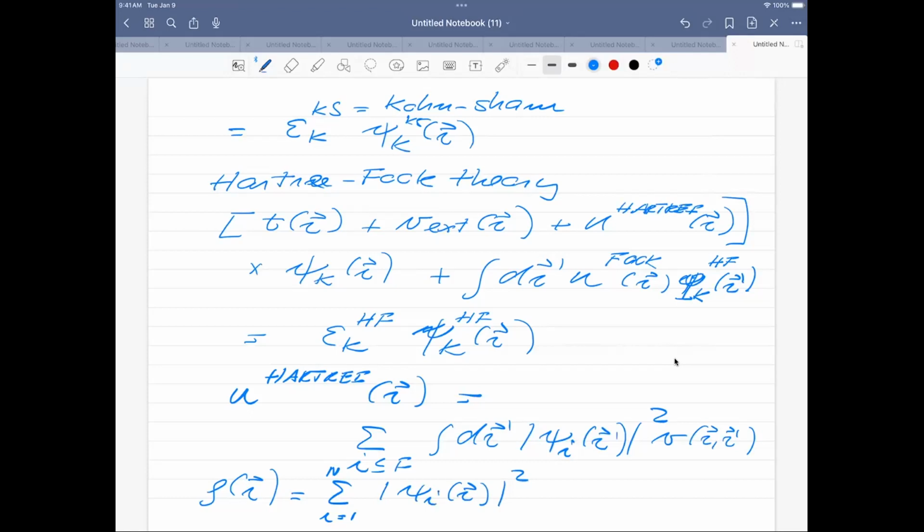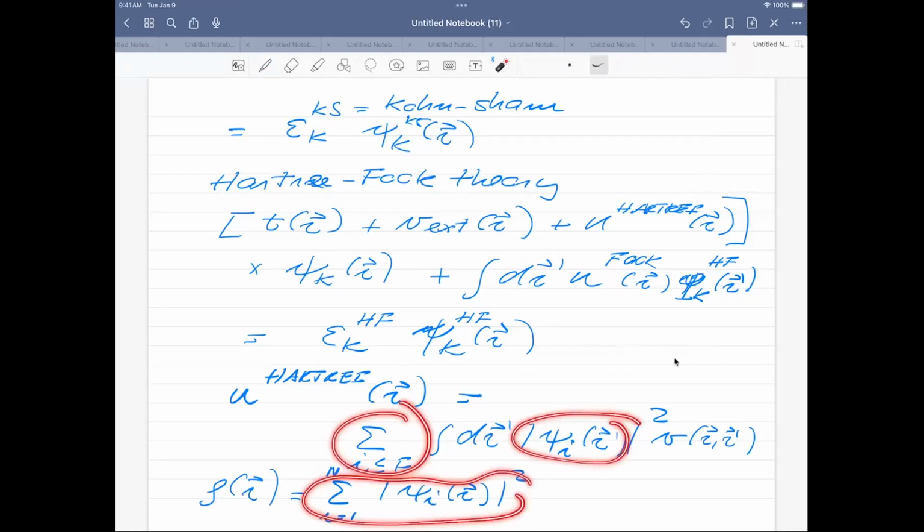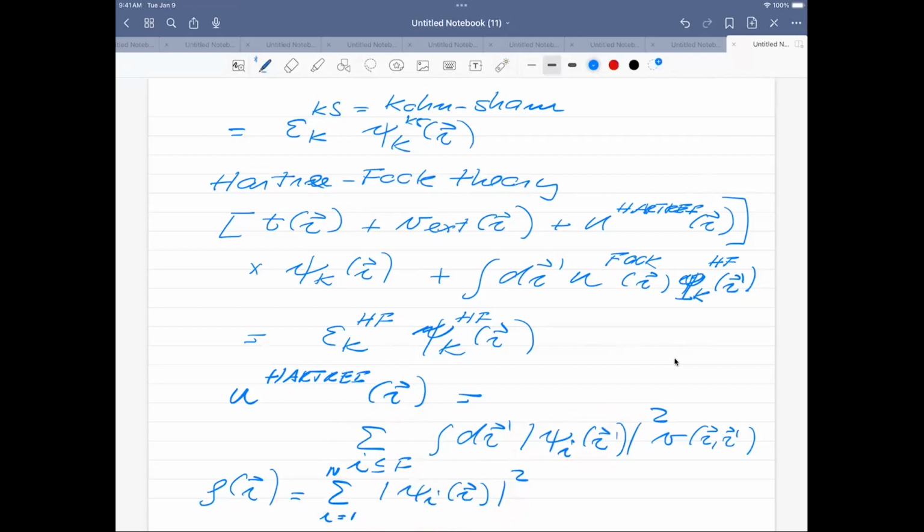So if you look at this expression which you have here, this is the same as we have in the sum here and here. So I can actually rewrite my Hartree term. So if I use this one, this can be rewritten as an integral over d of r prime, rho of r prime, multiplied with a potential, like this. So my Hartree term is something which I can rewrite in terms of the charge density.